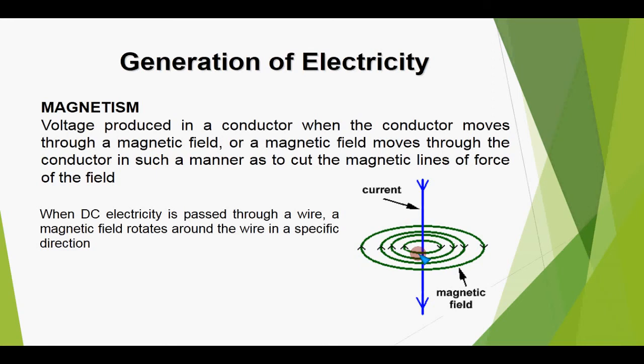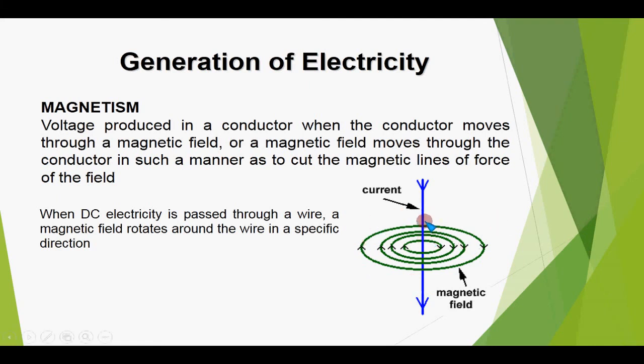When the DC electricity is passed through a wire, you can see that the magnetic field rotates around the wire in a specific direction. Here in the picture you can see these are the magnetic lines of force, and a current can be seen flowing from one direction to the other.